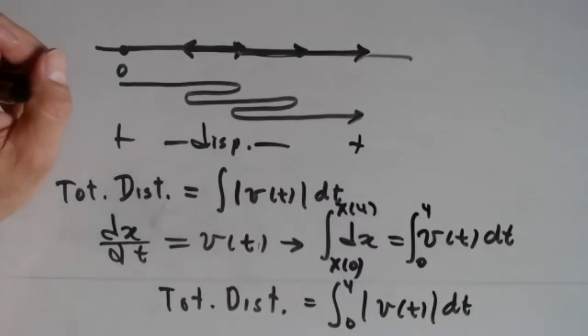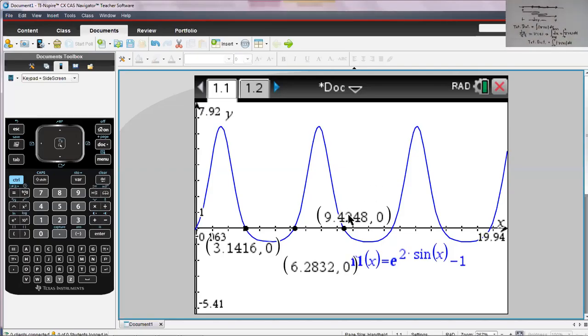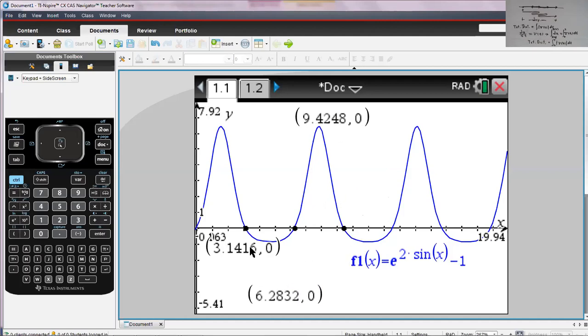So let me just go to the graph again. Let's share the graph here. This is the point, and this is correct. To justify this, the only thing you have to do is state that the distance is the integral, which is what we did.